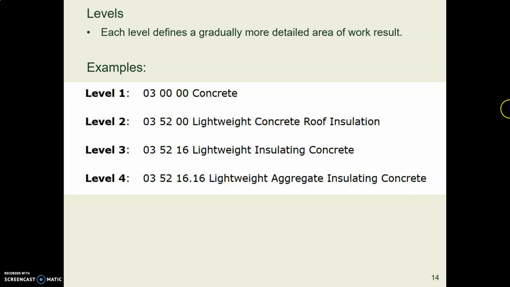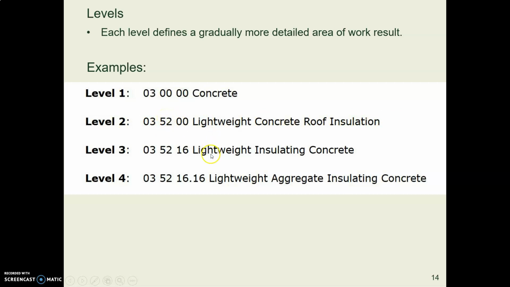Then these numbers can get divided and subdivided into finer and finer detail. So if you're looking at lightweight insulating concrete on the roof, you start out in division 3, which is concrete. Then you go to 352, which is lightweight concrete roof insulation. So okay, we're getting down a little bit finer.